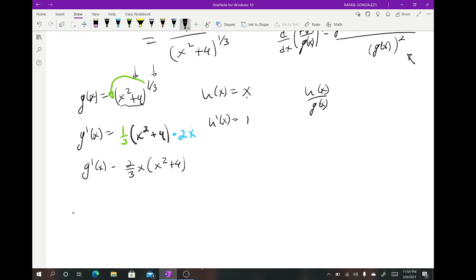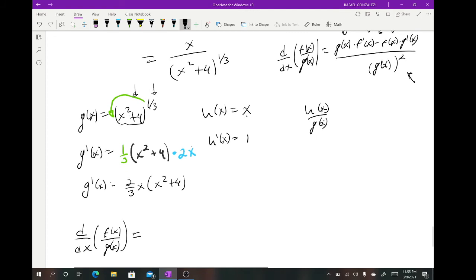But now we can actually apply the quotient rule, because now we have all the information we need. The quotient rule says low d-high minus high d-low, over the bottom squared.